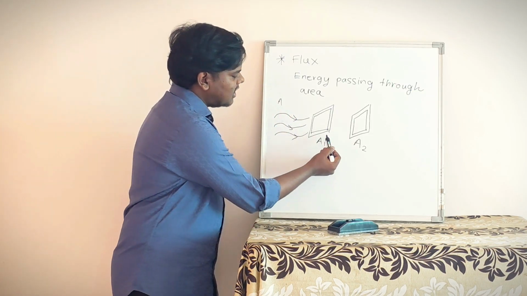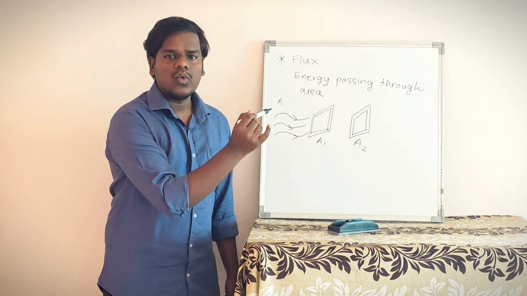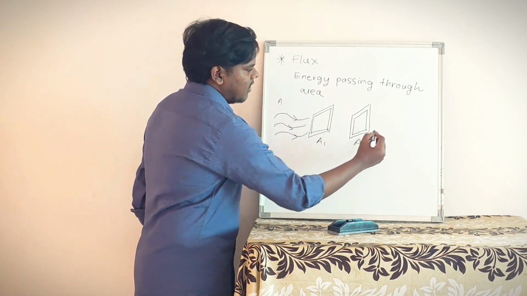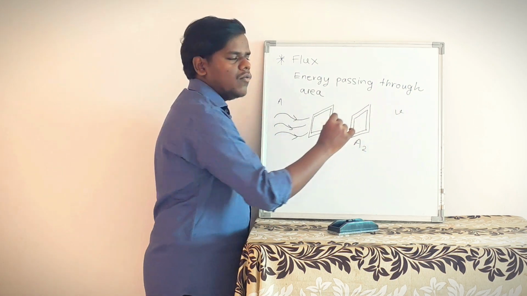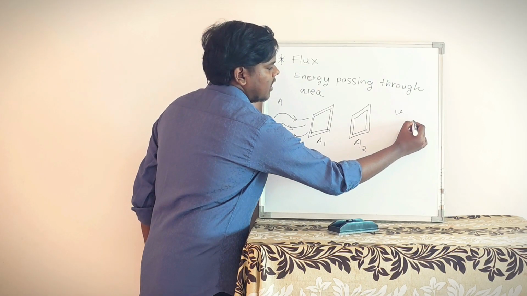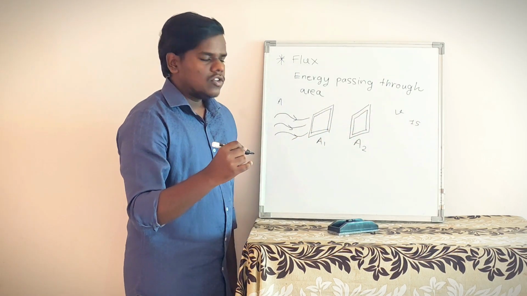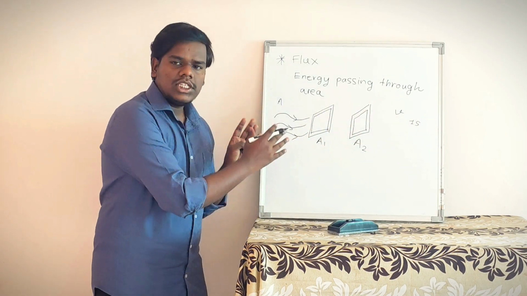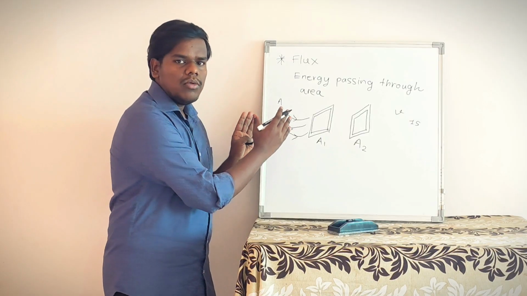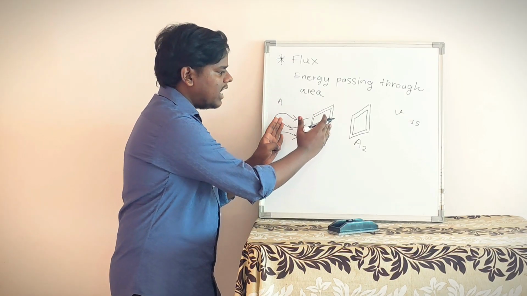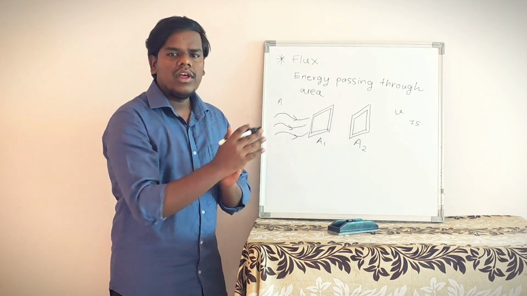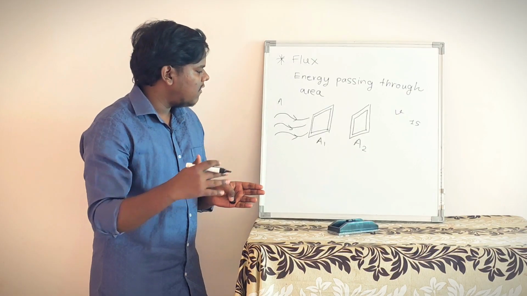So this object has area A1, this object has area A2. So let's say water is moving with velocity v, and in 1 second, basically how much amount of water or how much volume of the water is flowing through this area A1 or this area A2, that is what is basically flux.